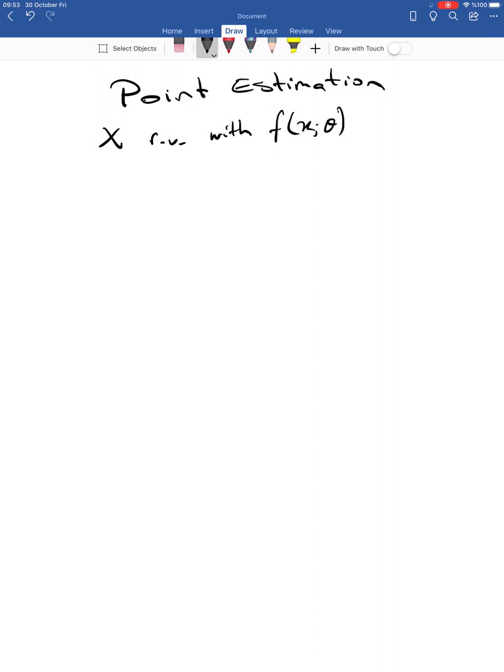Okay, so this is the population distribution function. In many cases, basically, the experimenter is not able to specify the PDF completely. What we mean by specifying the PDF completely: if we have a PDF f of x, theta, whatever that is, maybe we know what distribution it follows, but this parameter is unknown.